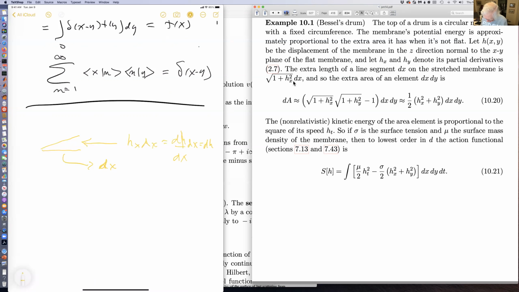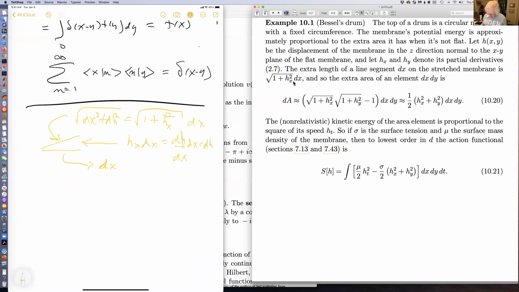So that's dh, and the actual length of the surface here is then the square root of dx squared plus dh squared, and that turns out to be the square root of 1 plus h sub x squared, dx. And you can do the same thing in the y direction.